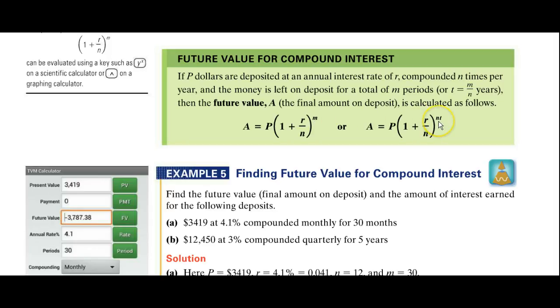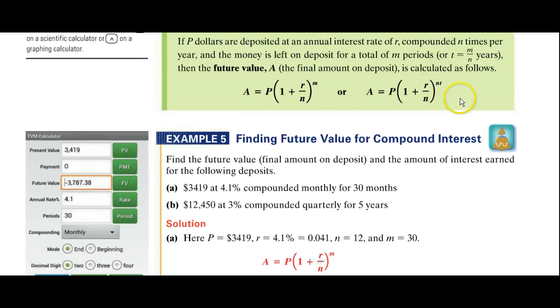So this modification is that instead of using the letter m here, they're using nt, which is what m equals. M equals the number of times you're going to compound during the year times the number of years. Okay, let's look at an example.